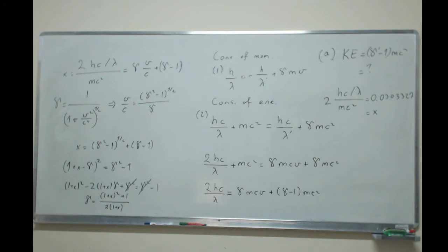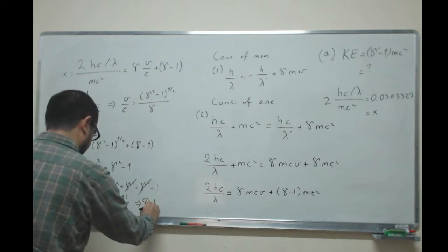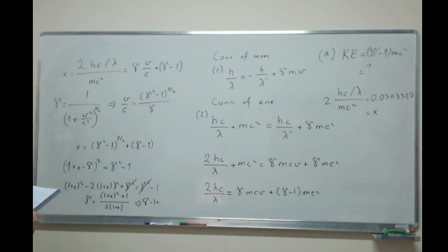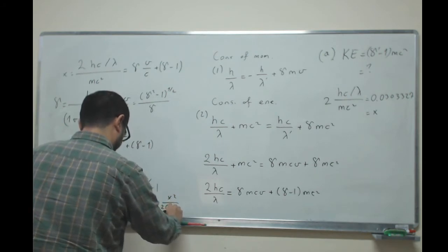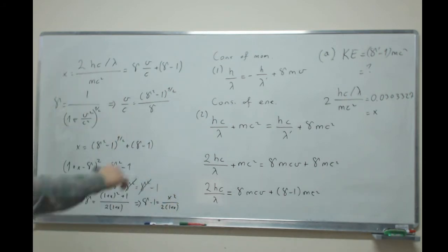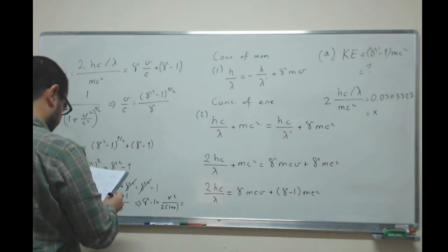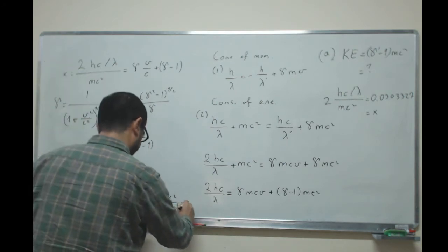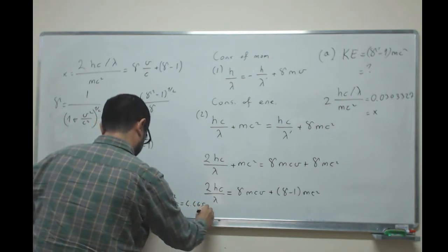What I'm looking for is actually gamma minus 1, and if I write an expression for gamma minus 1, let me check my notes here, I get x squared by 2(1 plus x). You substitute the value of x into this expression for gamma minus 1 and you get 4.465 times 10 to the minus 4.